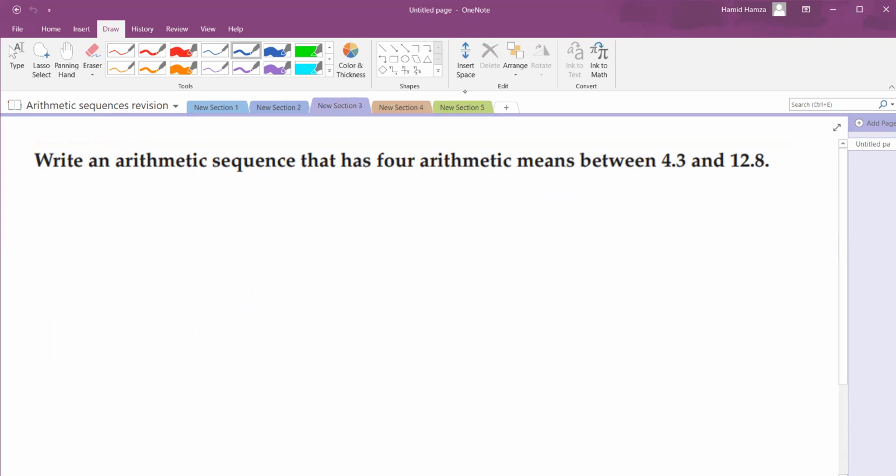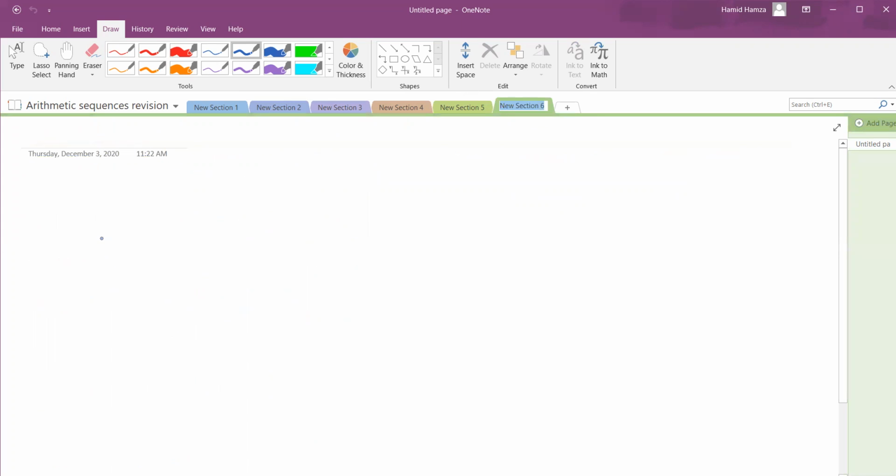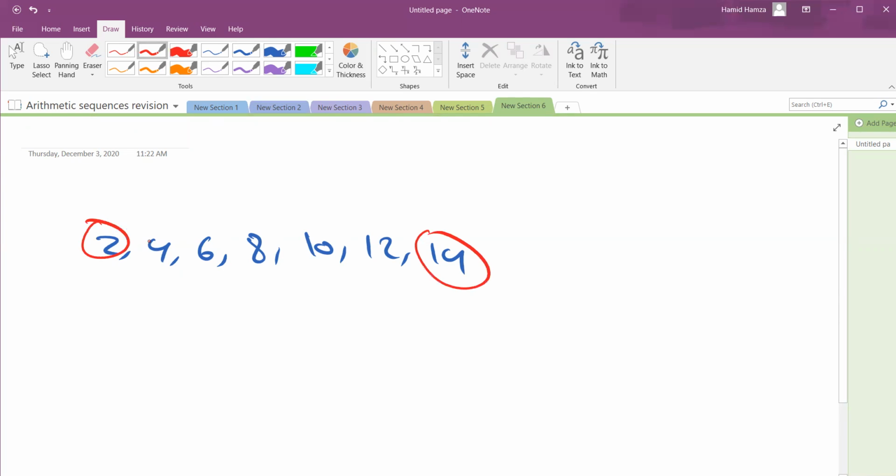So you know that if you have an arithmetic sequence like this, the terms between any two terms are named arithmetic means. So 4, 6, 8, 10, and 12 are arithmetic means between 2 and 14. That means these numbers with the arithmetic means form an arithmetic sequence.